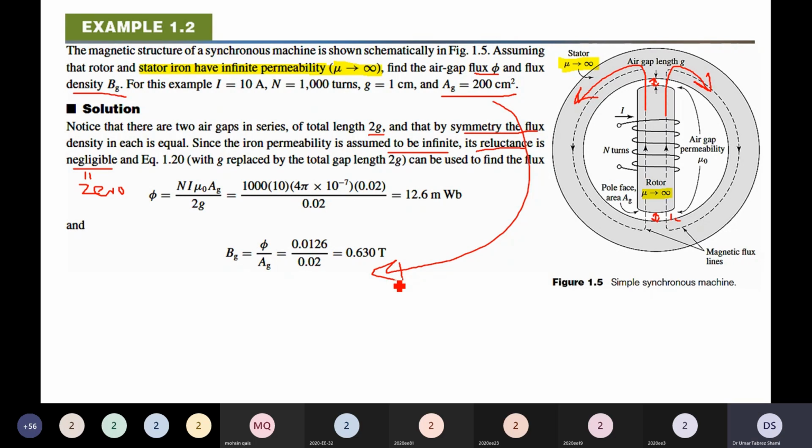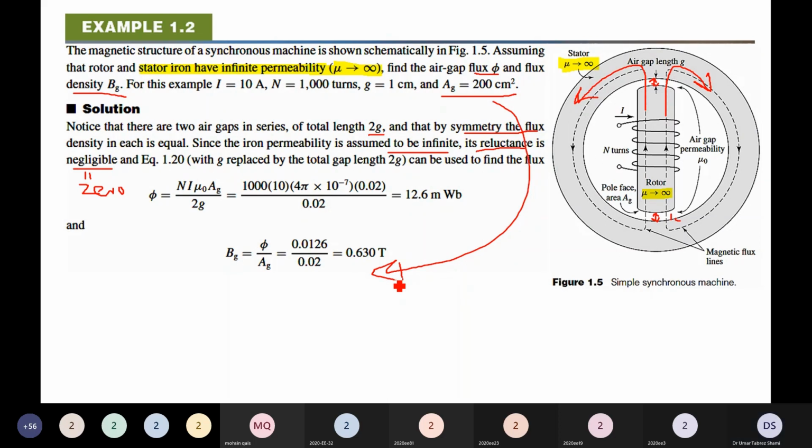So what is the conclusion of this example? We have solved the problem, but what can we conclude from this example? There are two important conclusions.